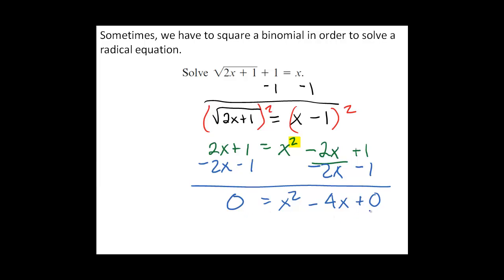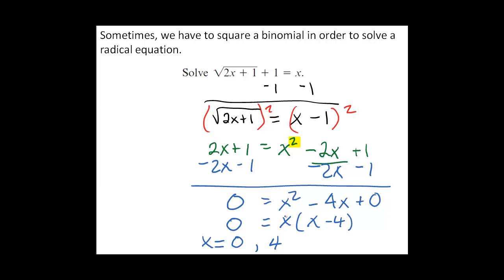So it's sort of an incomplete quadratic, so all I'm going to do here is pull out the common factor, which would be x. Equals 0. And this tells me that x equals either 0 or 4.